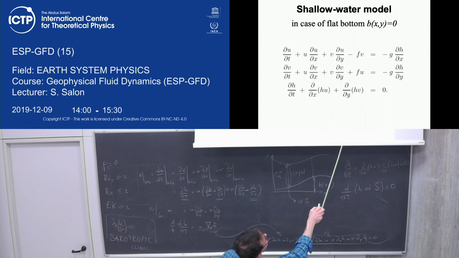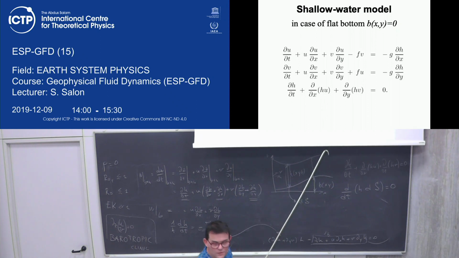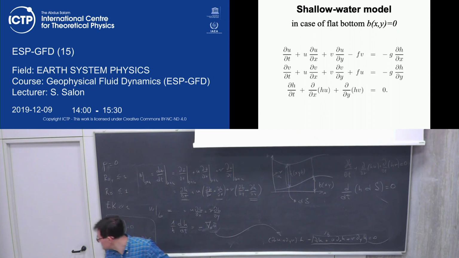So just changing p into g rho multiplied by h. And then we have the new continuity. This is very important because we moved from a system of 5 equations.